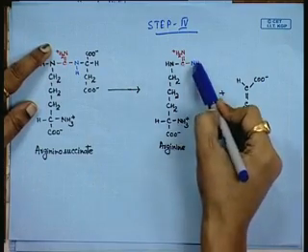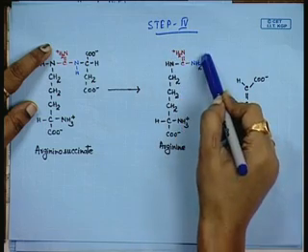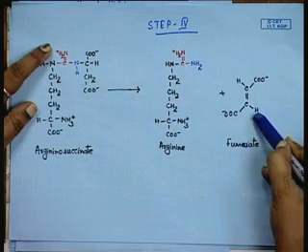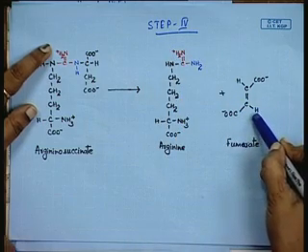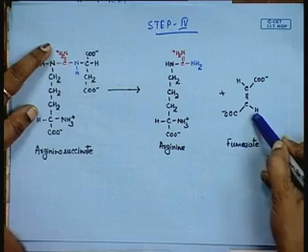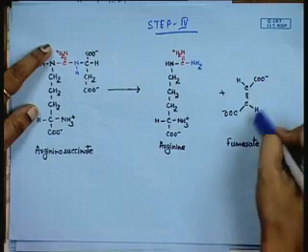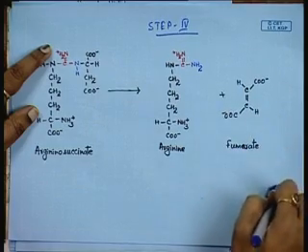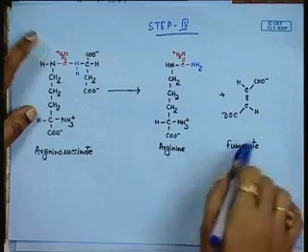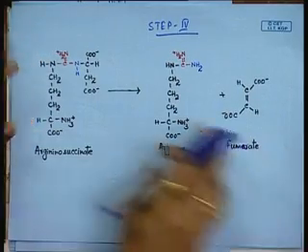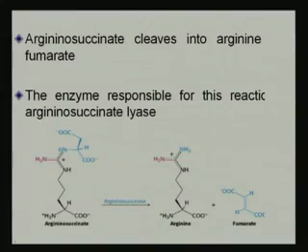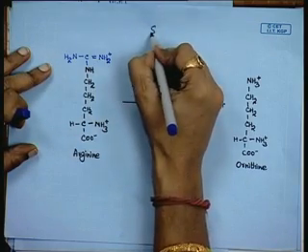See here, these amine groups are getting separated, and fumarate, which is one of the byproducts of the TCA cycle, is being released, and this fumarate can enter the TCA cycle for subsequent utilization. And in the last step, what is happening in step 5?